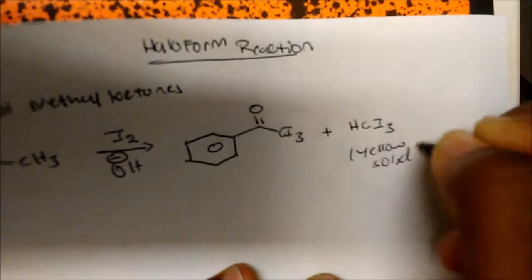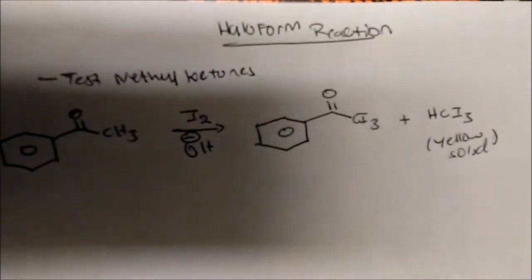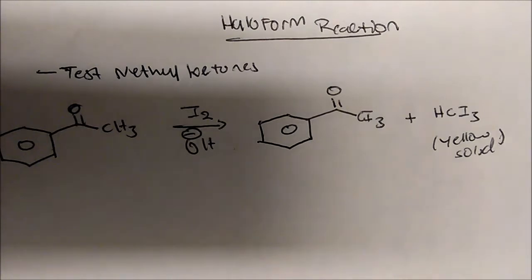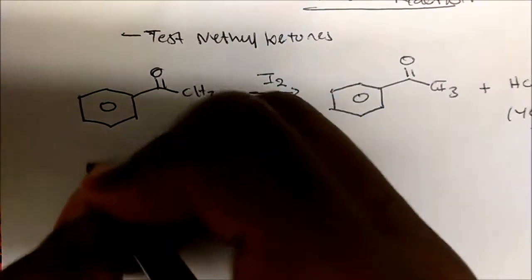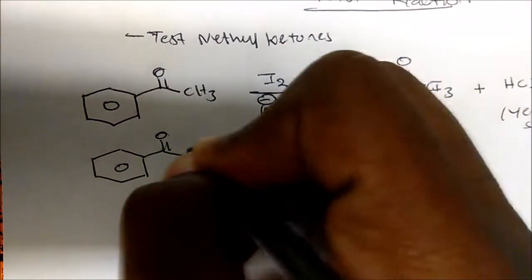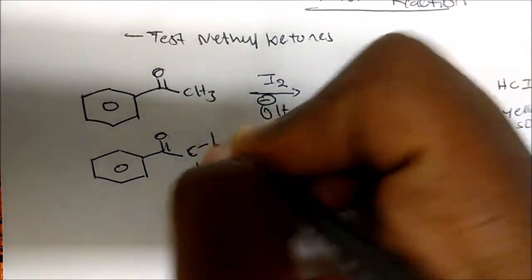So this is a test for methyl ketones, and once you get iodoform, we know that we have a methyl ketone present. The mechanism simply goes like this. We have the ketone, and the carbon that has three hydrogens.